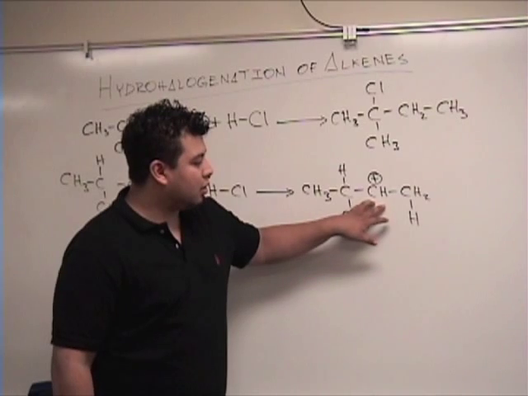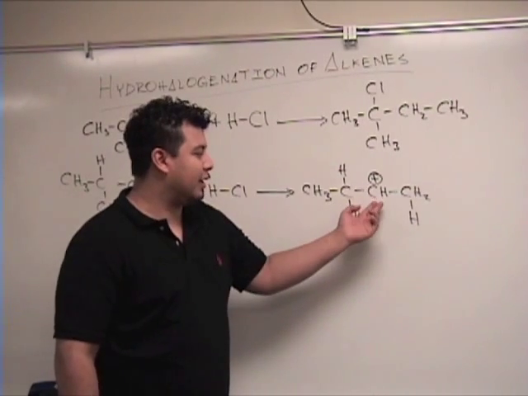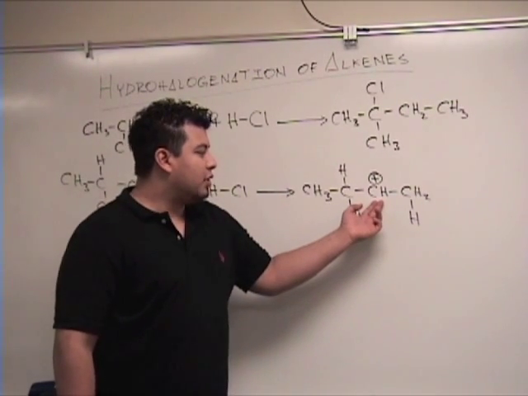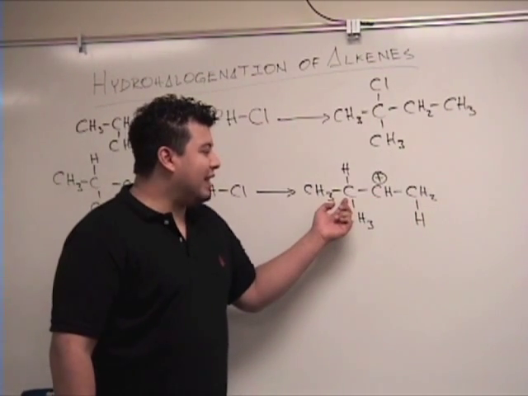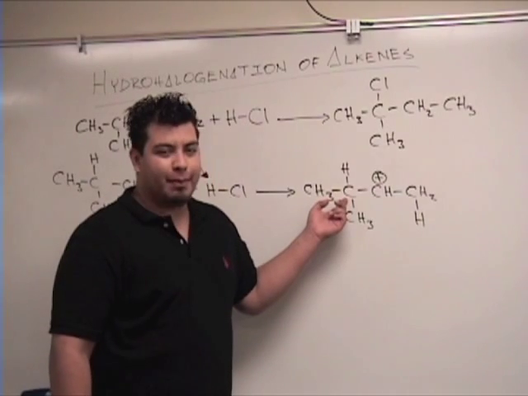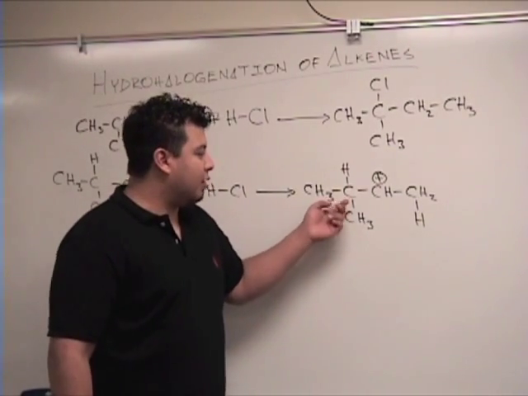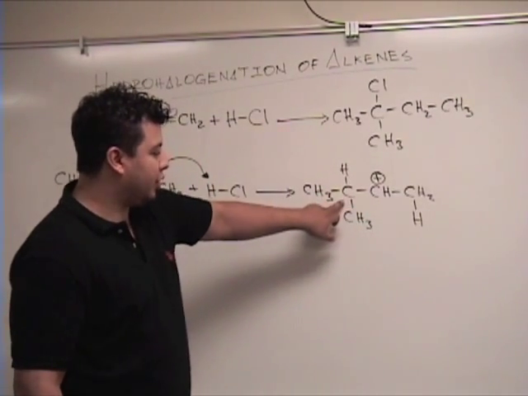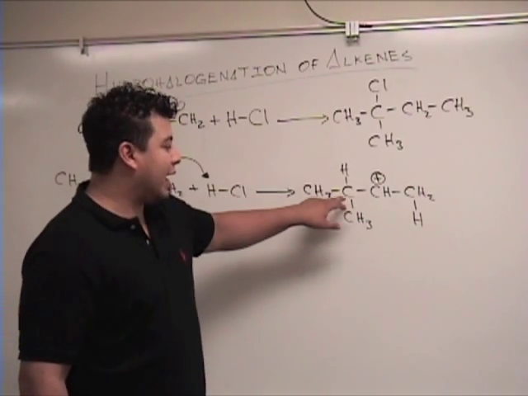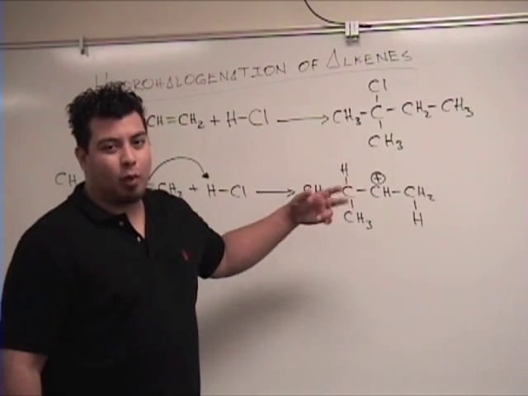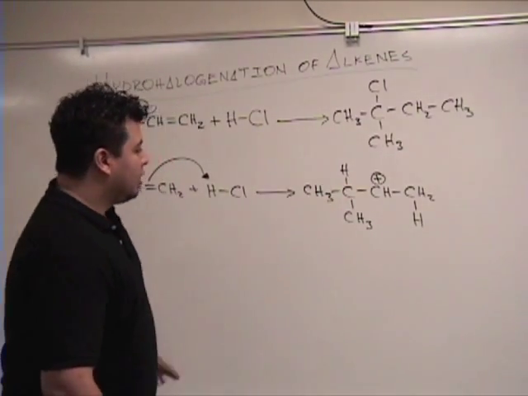This is a secondary carbocation, it's on a secondary carbon, so it's somewhat stable. It's better than primary. But right next to it, it's a better carbocation because it's a tertiary. It has 1, 2, 3 carbon groups attached to it, so it would make a more stable carbocation.